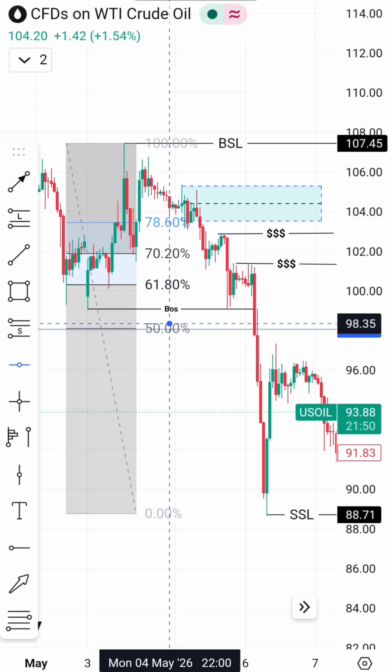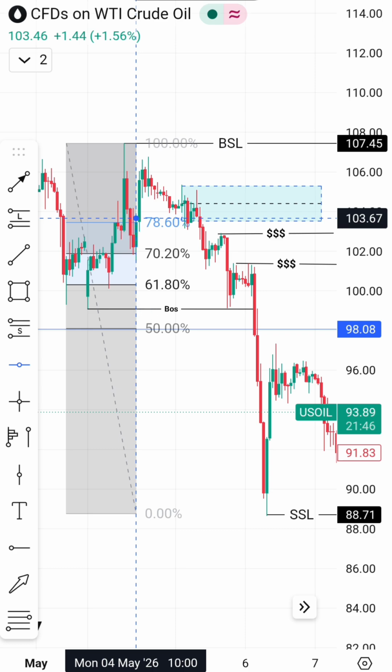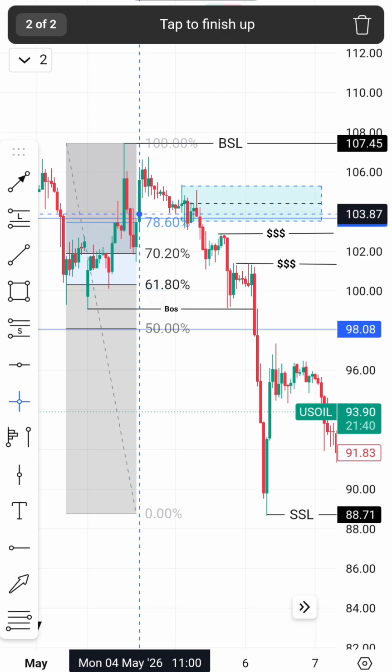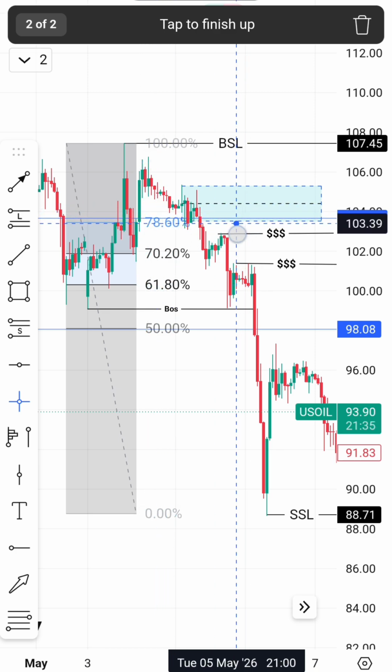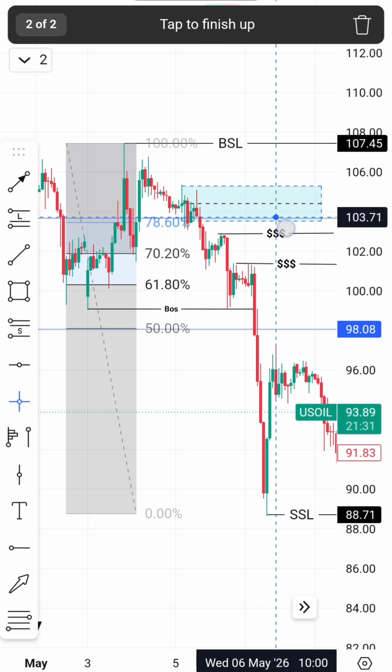You can see it's near our 78 level. So that is where I would put my entry.